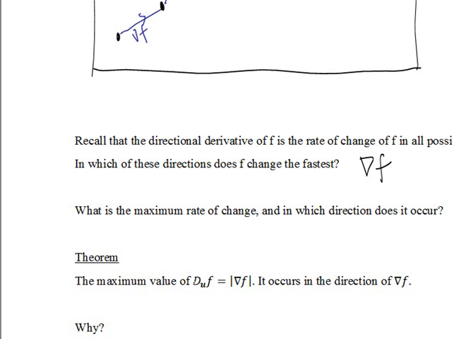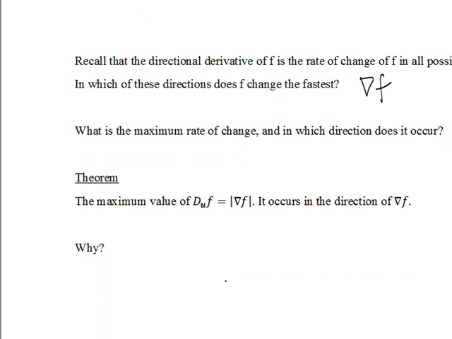But why is the maximum value equal to the length of the gradient? Let me show you why. Recall, what is the definition of the directional derivative? It is the dot product of the gradient and the vector u, right? Go back to your definition of dot product.